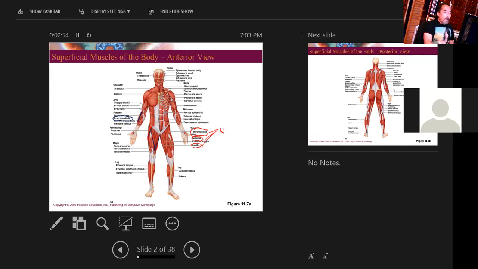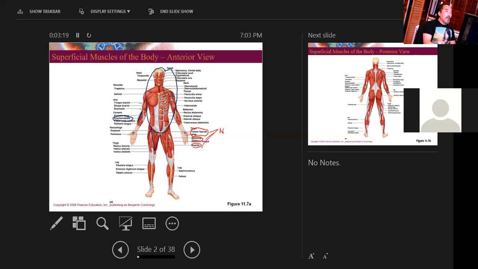Now, for the first part of the muscles that we're going to be studying, we're going to study the axial skeleton. Axial skeleton is everything that you see here, and up to here, not here. This is shoulder, so that's going to be part of the appendicular. So the axial muscle is anything in the middle of our model.